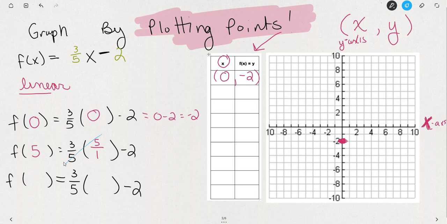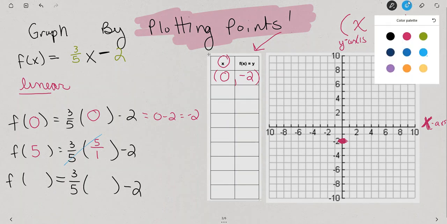I could have chosen any value I wanted to replace the x with. I chose 5 because 1, it's on my scale here from -10 to 10, and 2, I knew that the 5 would eliminate this denominator. But let me be clear that you could have chosen any value you wanted.